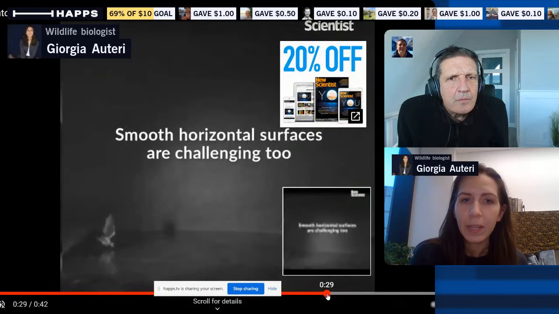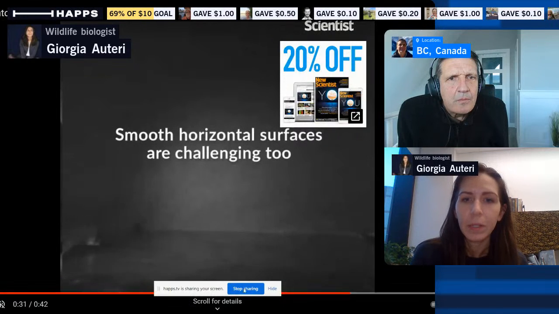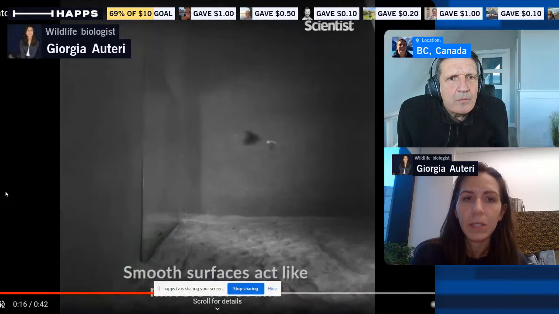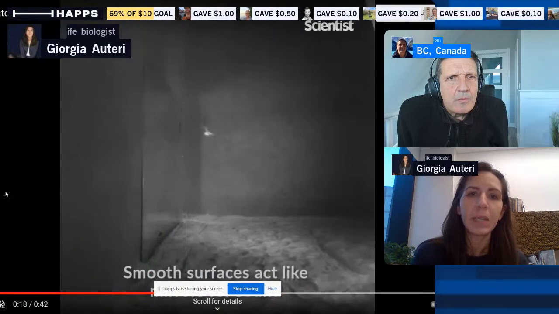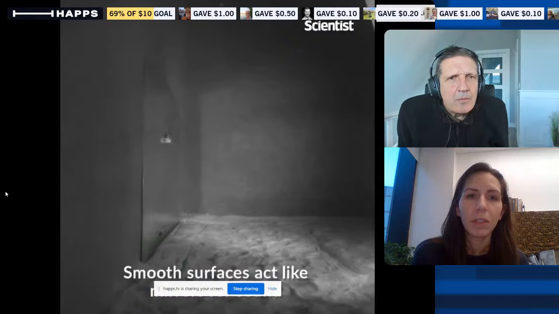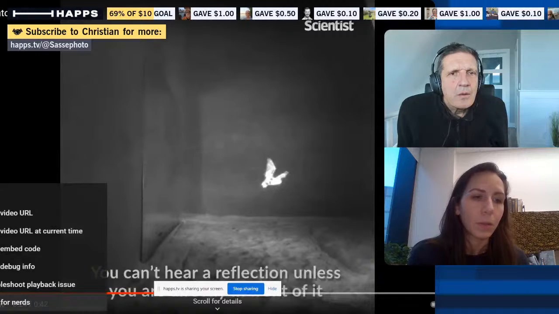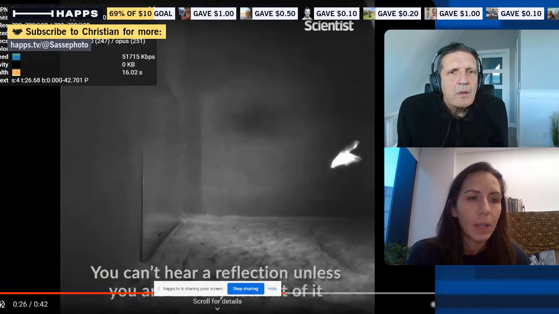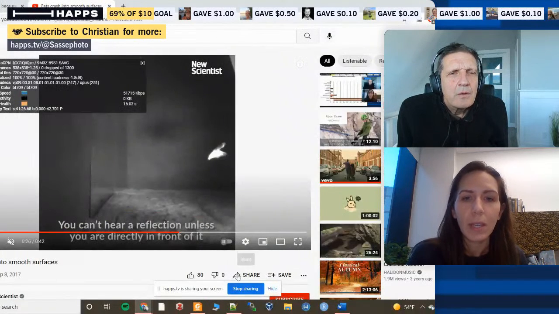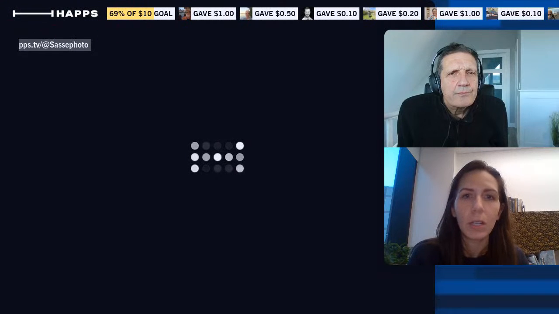I'm going to go back a little bit to the other smooth surface. Part of why they think that is because it's just so different from what the bats would encounter in nature. So I'm going to stop sharing now. The smoothest thing the bats would encounter in nature is probably water, right?